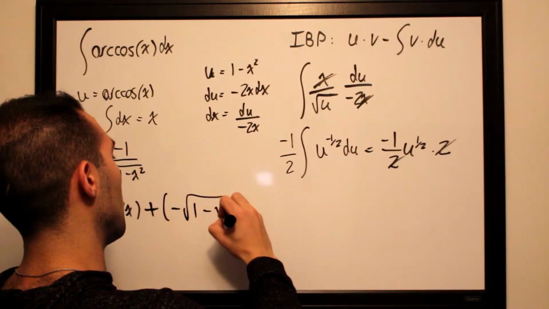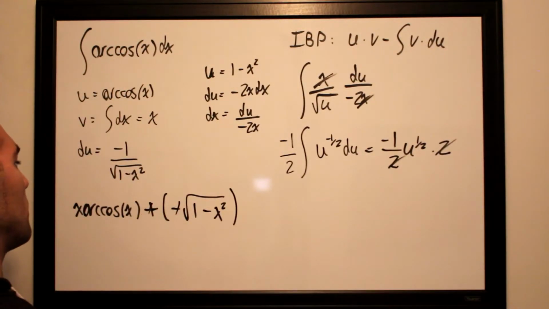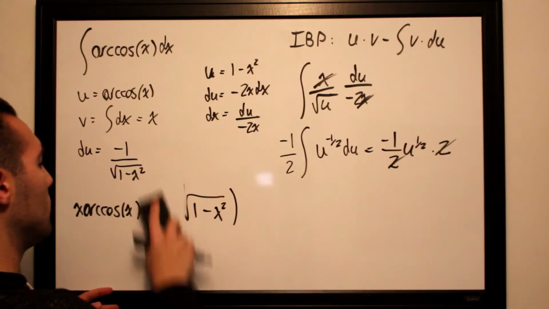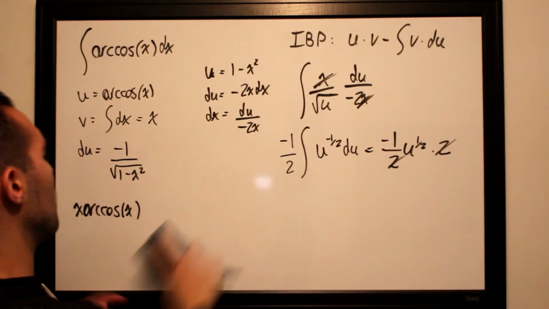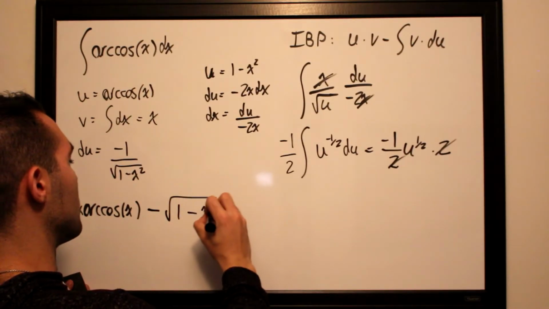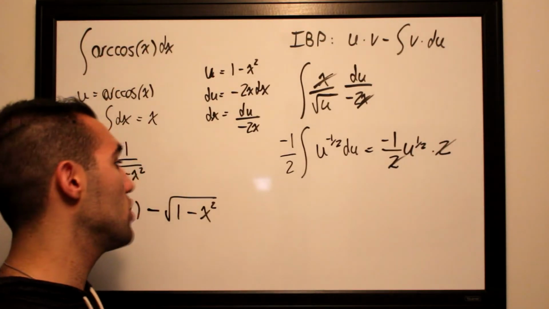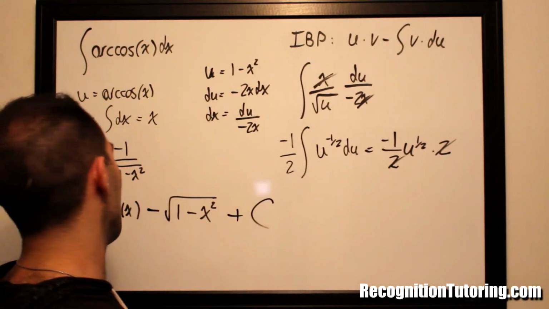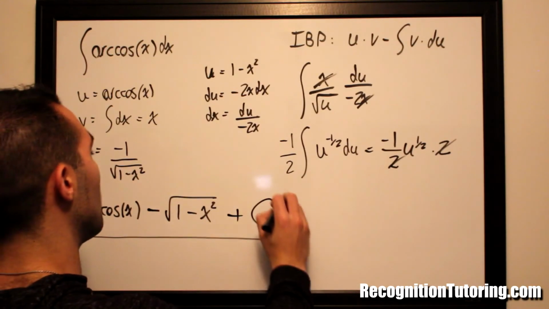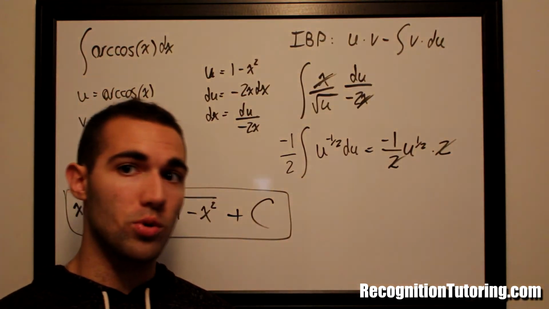So this cancels out with this, and this becomes a negative. So all we're left with is minus the square root of 1 minus x squared. And that completes this integration, so we're going to add on a plus c. And that is our final answer for the integral of arc cosine of x.